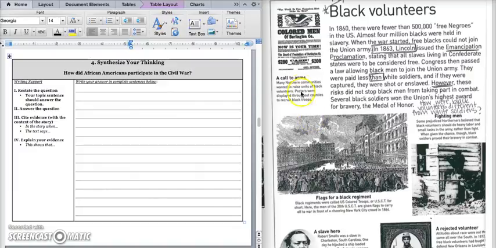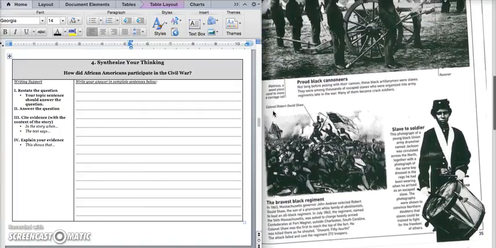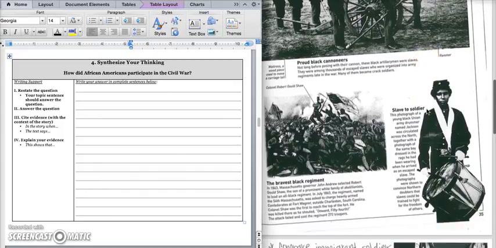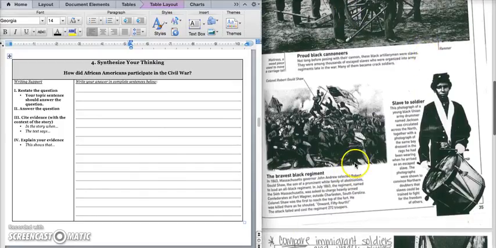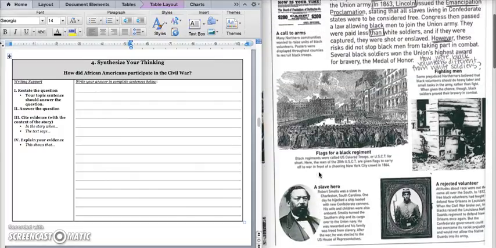And then you can also look at the pictures and read some of these captions. This one about the proud black cannoneers is pretty good. The bravest black regiment, I would read that. A rejected volunteer, I would read that. And those could help you collect more evidence for this paragraph that says, how did African Americans participate in the Civil War?